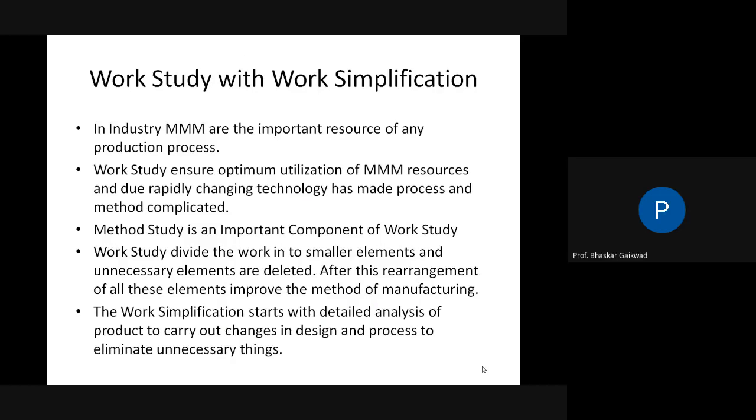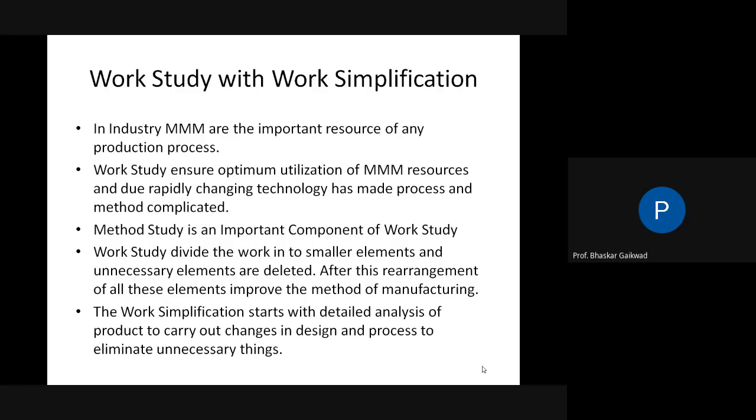Then work study with simplification means we have to make all these works simple. If two or three components are there, you have to manufacture them in a way that is easy, with better utilization of man, material and machines in order to achieve these targets.